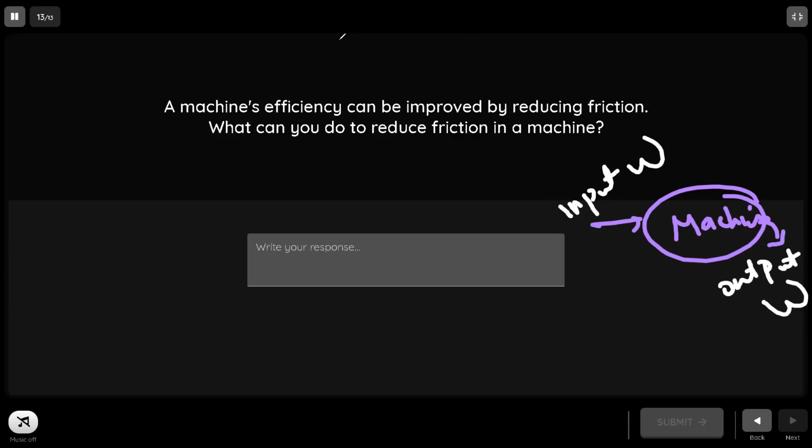For this machine here, the input work is greater than the output. Why? Because you enter the work with 500 joules and the output work will be 400 joules.